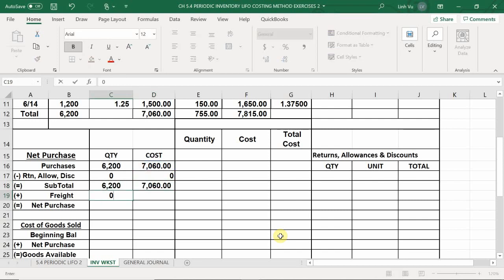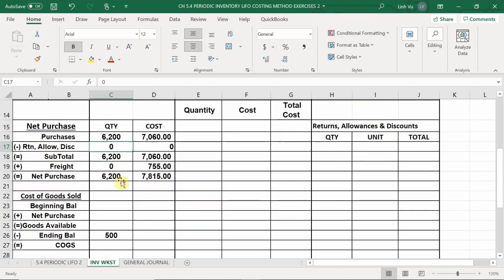Once again, freight costs does not increase your inventory quantity, but it does increase the cost, which we incurred $755 worth of freight. So in grand total, we have 6,200 units, right? At a grand total of my $7,815.